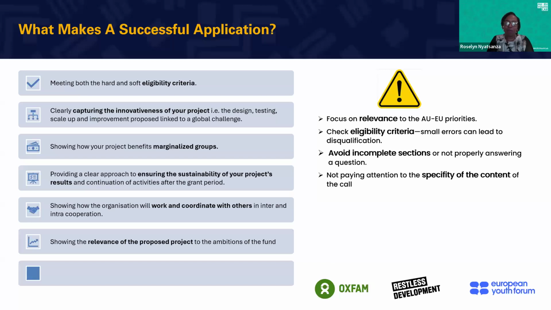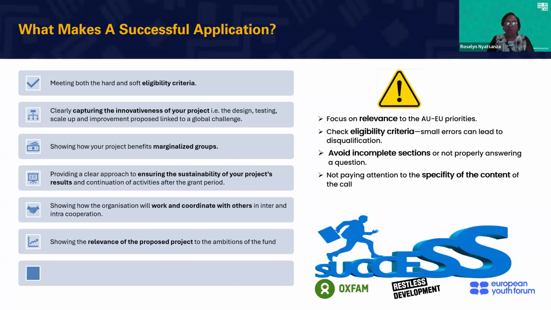And make sure that you are paying attention to the specificity of the content of the call. Because these are 4 different grant types, you need to be very clear which one you are responding to and what the specifics of that call are. With that, you will have a successful application and definitely be on your way to finding a successful application.